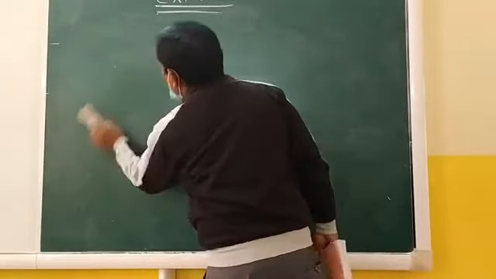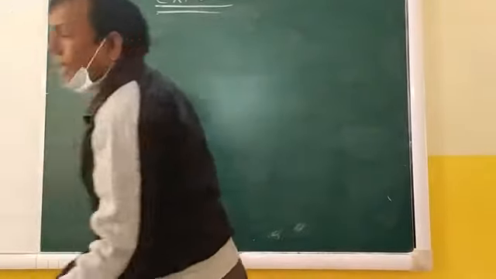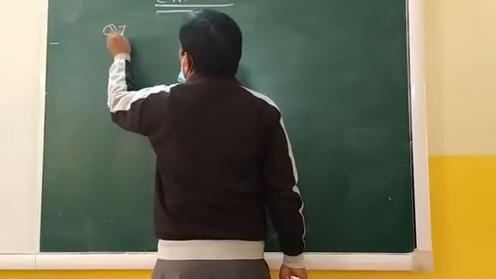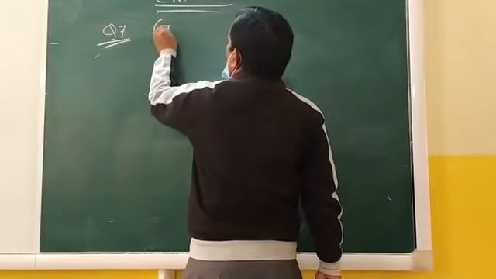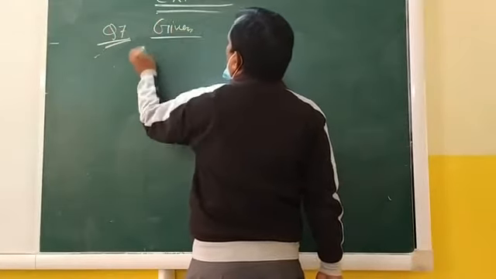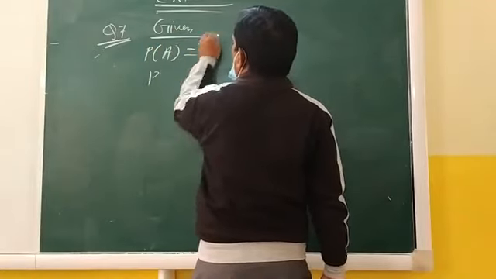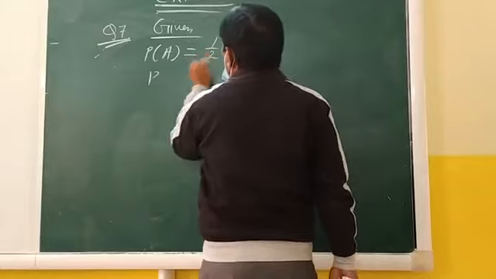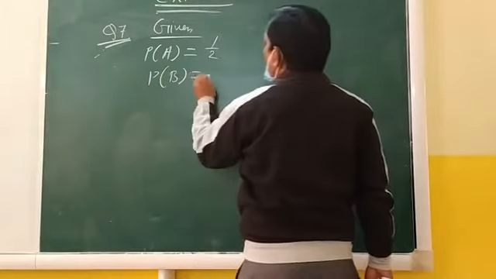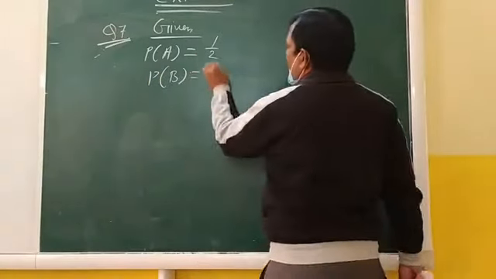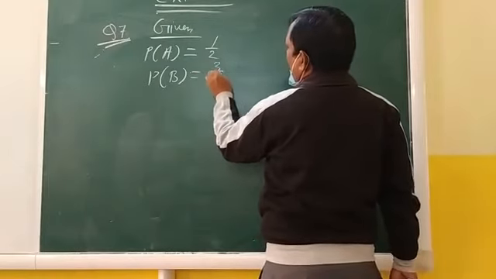So first of all, you have to write the given information. Question number 7. What is given? P(A) is 1 by 2. P(B) is small p.